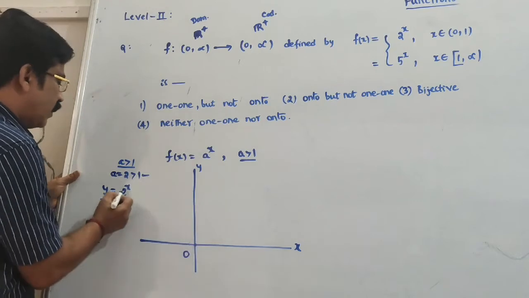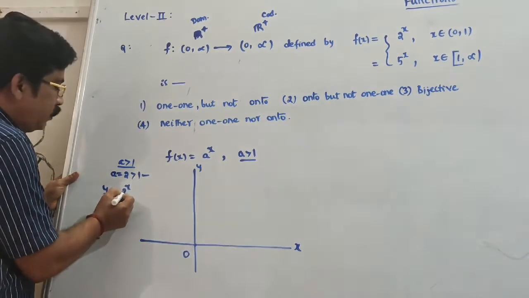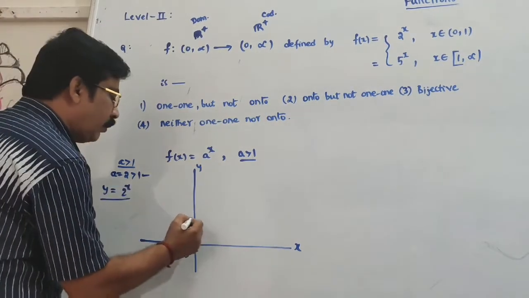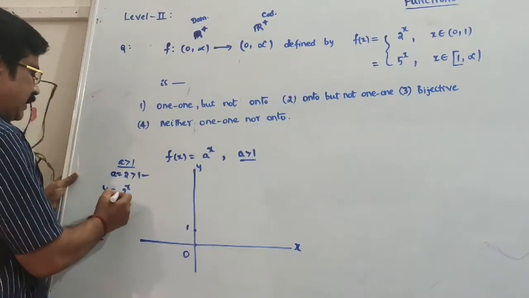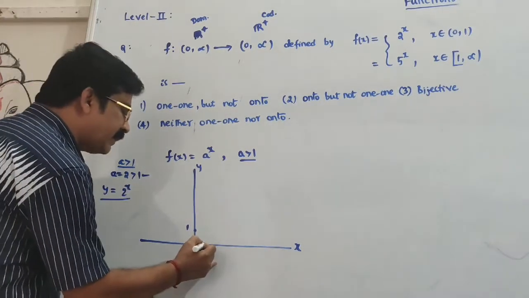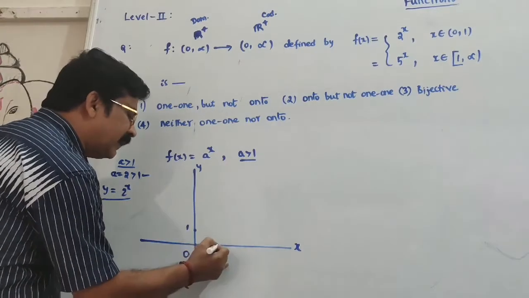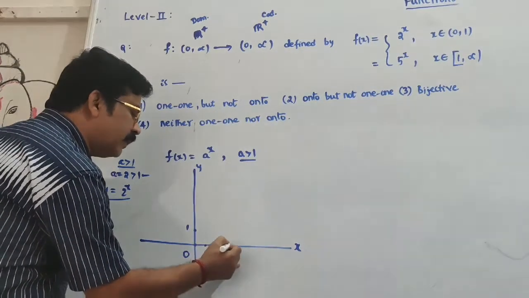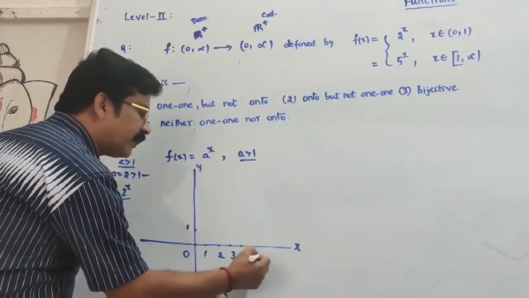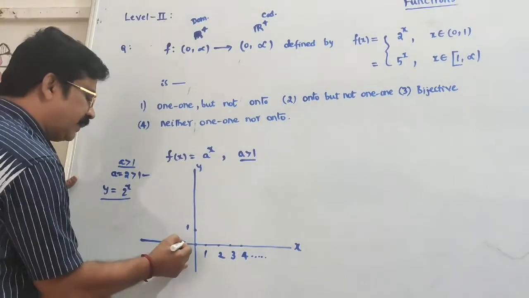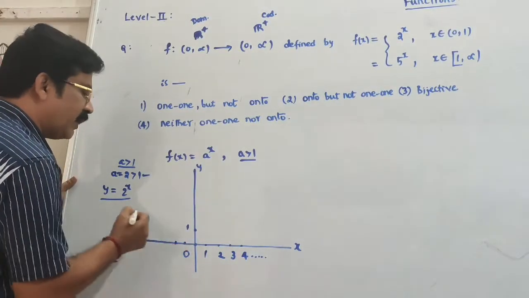Put x equal to 0. When x equal to 0, 2 power 0 is 1. So the y value is 1. Next, x equal to 1, x equal to 2, x equal to 3, x equal to 4, and so on. Of course, minus 1, minus 2, and so on.